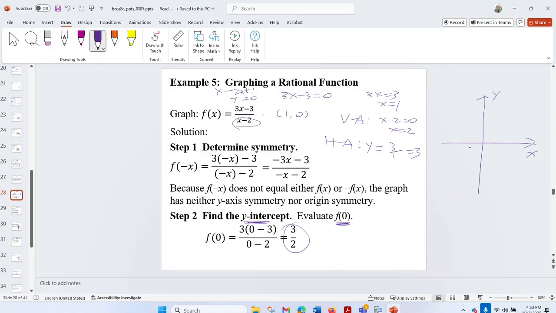My vertical asymptote is x equal to 2, okay, that's the vertical asymptote. We have a horizontal asymptote, y equal to 3, so that's the horizontal asymptote, right? And then we also have an x-intercept here at 1 and 0.